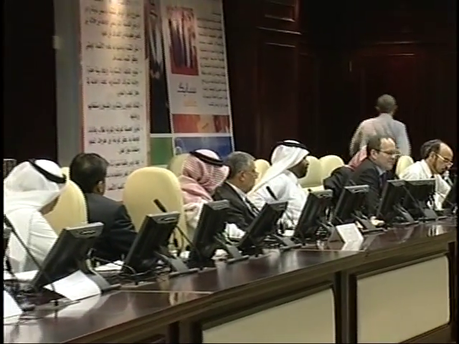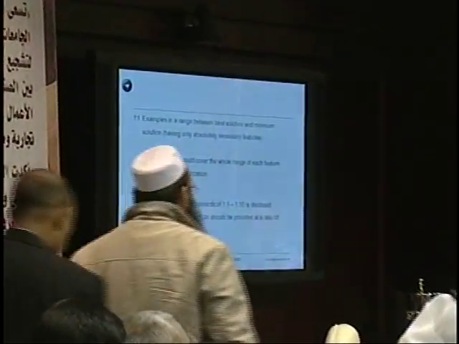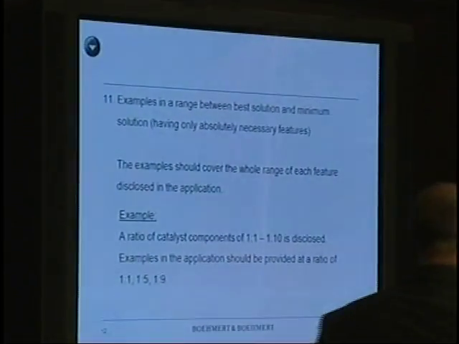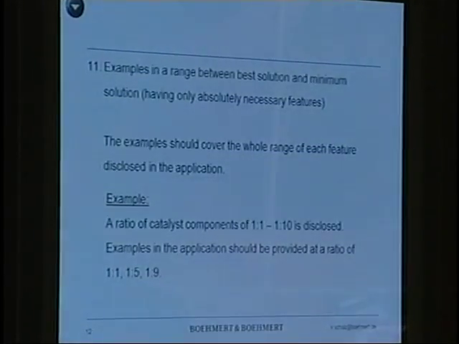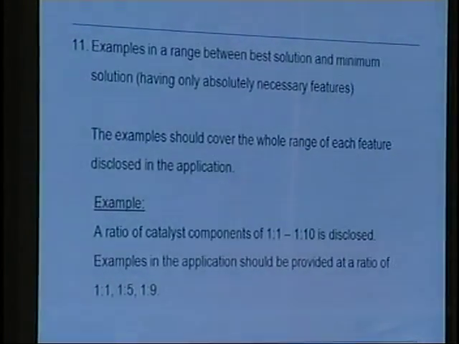You should provide in your invention disclosure, if possible, a number of examples to illustrate how your invention works. And examples should be preferably in a range between the best solution and the minimum solution. The minimum solution here shall be meant as having only the absolutely necessary features to carry out your invention.